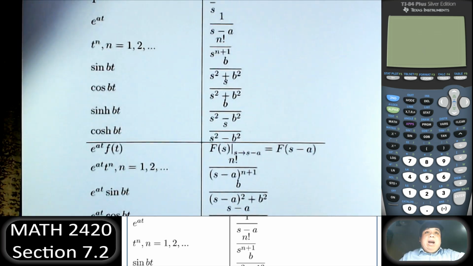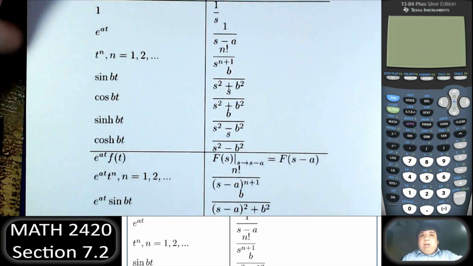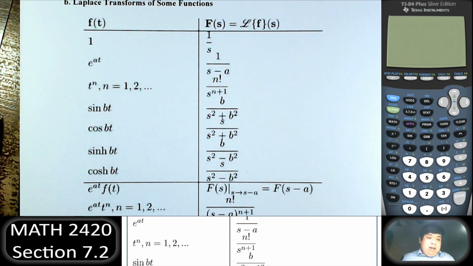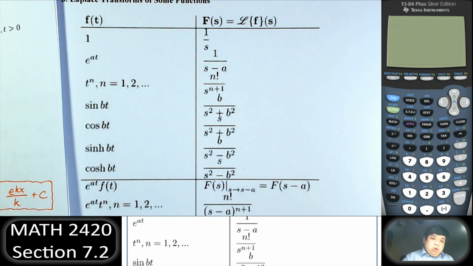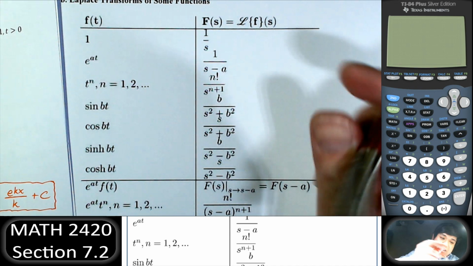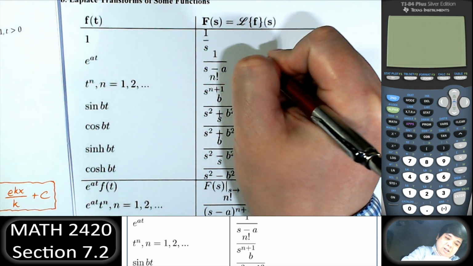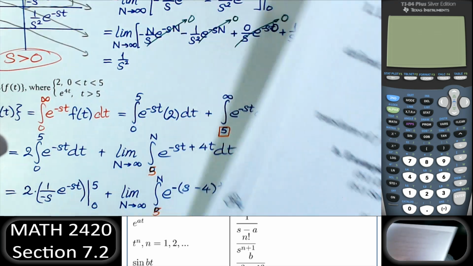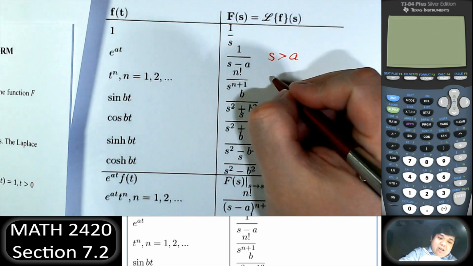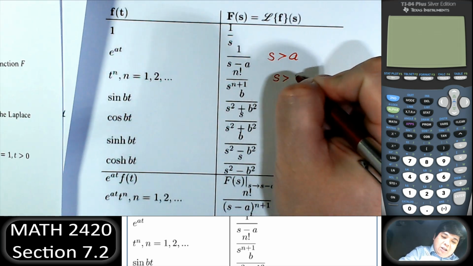Now, we don't have to do that every single time. There's a table for that, and so in this case, let's just go back and then for the e, we did assume that s is greater than a. And for the t, we did that, and we said assume s is greater than 0.